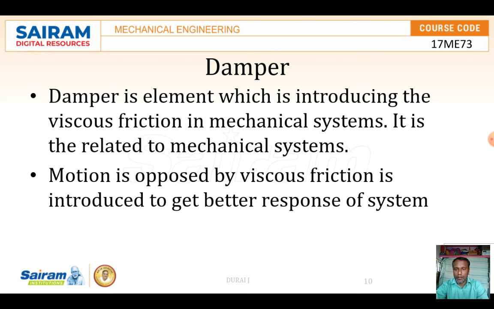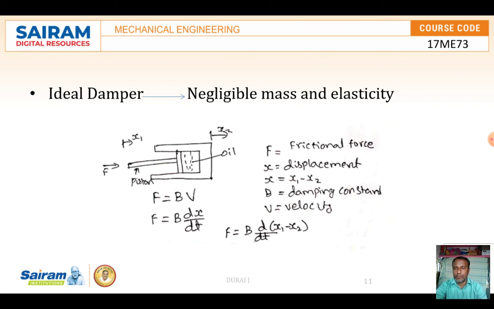Then the ideal damper has negligible mass and negligible elasticity. This is the dashpot, or we can also call it a damper.